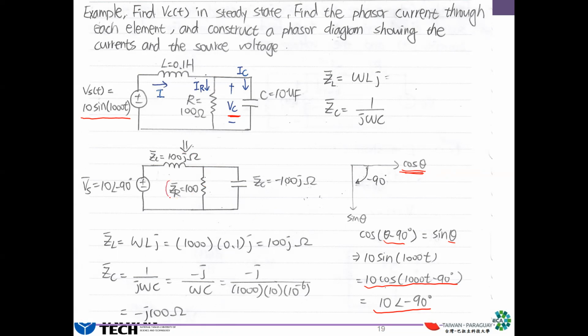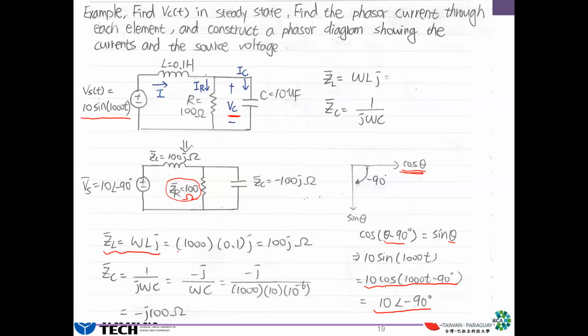Okay, and then for the resistor, its impedance is just a real number, so it's 100 ohm. And for the impedance of an inductor, we use this formula. We derived this before, so right now I just use it. ZL equals omega L j.